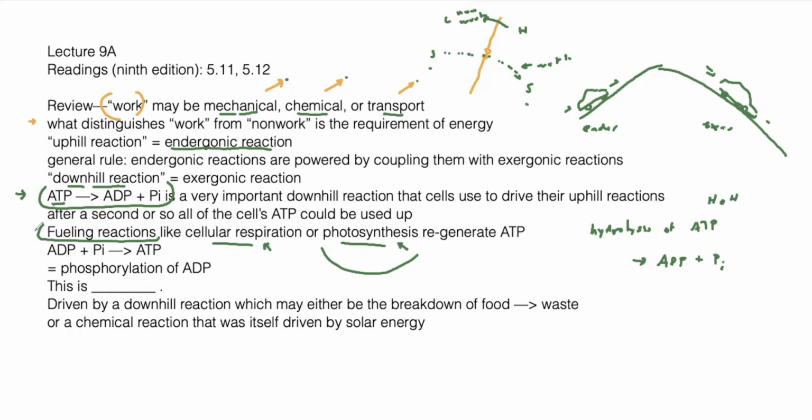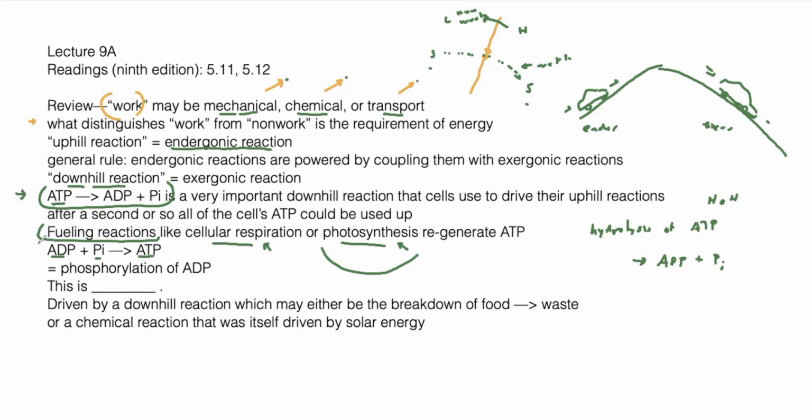But anyways, all right. Fueling reactions say that we need to make ATP from ADP and phosphate. Okay. Another way of saying this is that we are phosphorylating. Phosphorylation means we're attaching another phosphate group onto this thing, right? So we're phosphorylating ADP, and consequently we get ATP. We go from a diphosphate stage to a triphosphate stage. Okay?